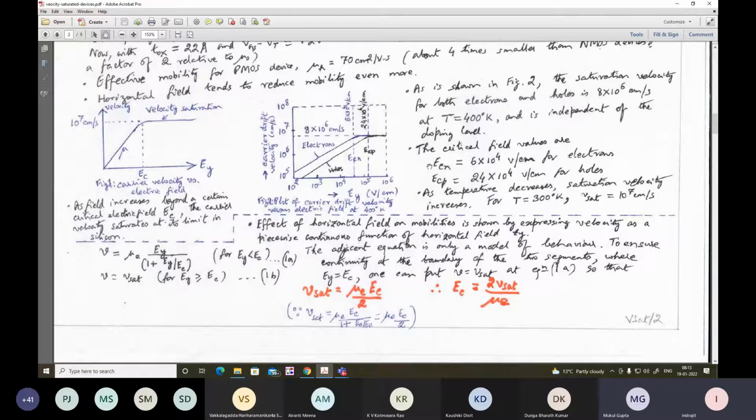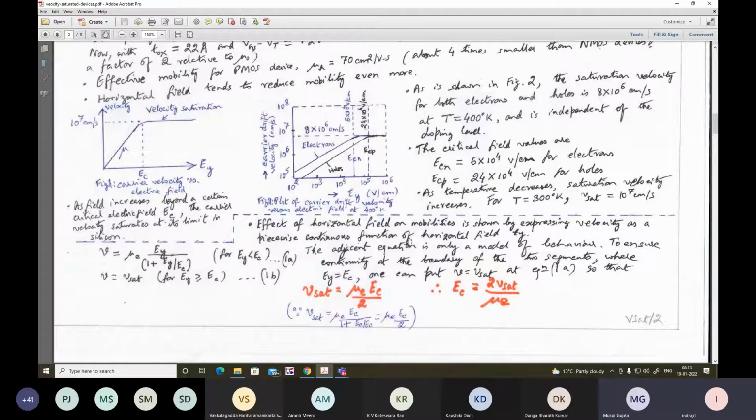However, as soon as the critical field is reached, it sharply becomes constant with further increase in electric field. And further electric field is rarely adopted, because it leads to a lot of undesired second order phenomena like breakdown phenomena. So designers hardly ever go up to the critical field.